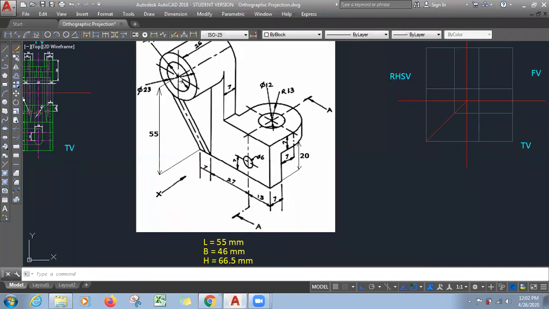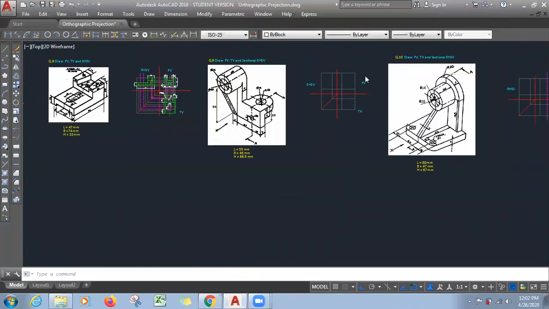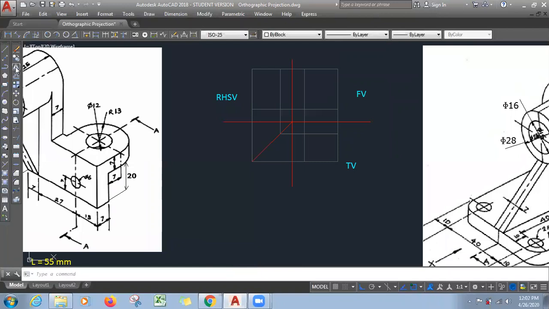Let us look at the center of these circles first. These circles can be seen as they are. So the center of the circle is at what distance? From this side, it is at a distance of 11.5, and from this side also 11.5. So we will use the offset command.